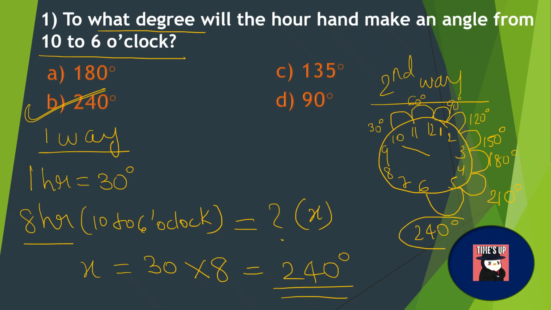So you are getting the answer is 240 degree. This is the other way to solve the question. Understanding? So whichever is convenient for you all, you can take and solve. But in order to solve both ways, you need to know that 1 hour in a clock makes an angle of 30 degree. Then only you can choose your convenient ways and solve the question properly.